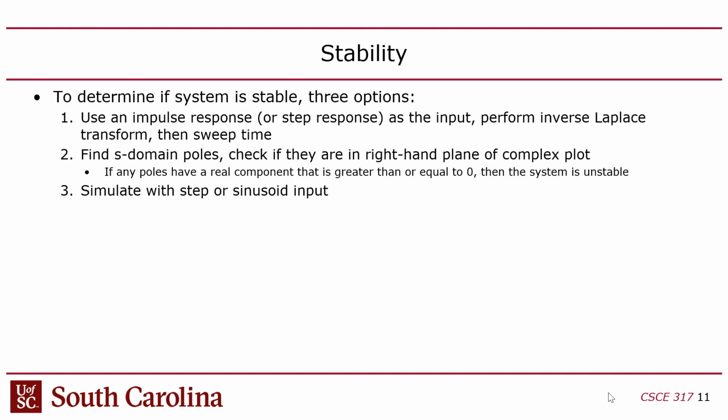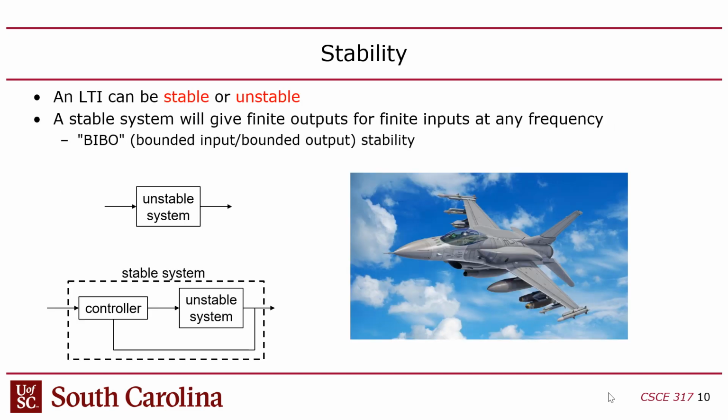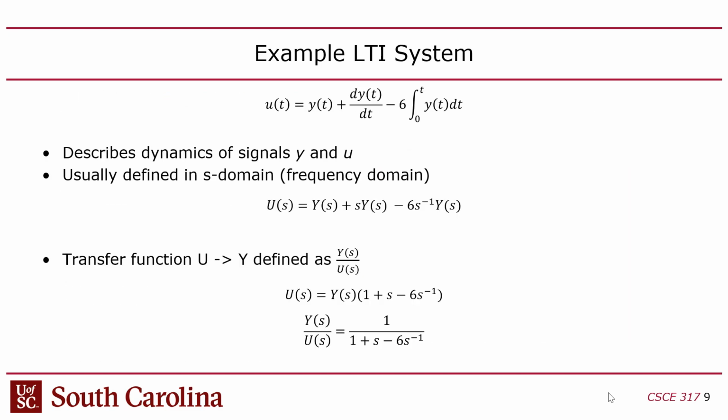Okay, and I'll talk about how to do the inverse Laplace transform in a second. But the second option here is, if you take the transfer function, and this is actually an easier approach, you look for the roots of the polynomial that's in the denominator, in other words, the values of s that would create a divide by 0 in the transfer function.